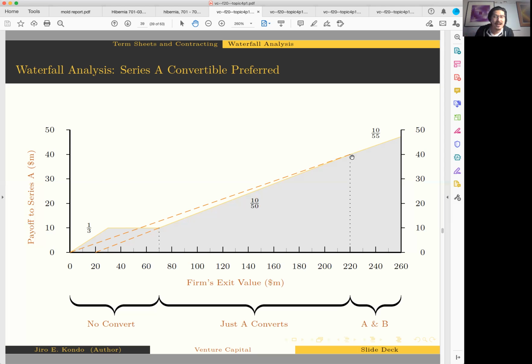So their slope goes down. Why? Because they get diluted. Because now all of a sudden Series B says, give me my extra shares. So that's what happens. It's very difficult to see it in this picture because I actually drew this at scale on my slides. But there's a kink right here where the slope goes from 10 over 50 down to 10 over 55.